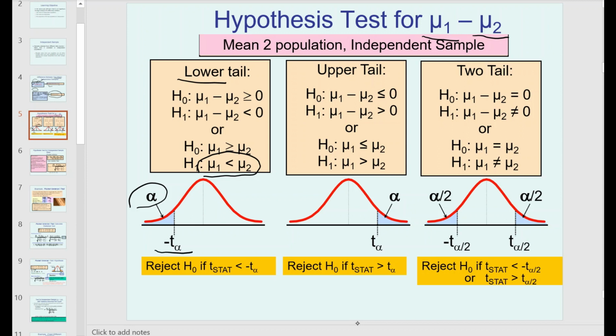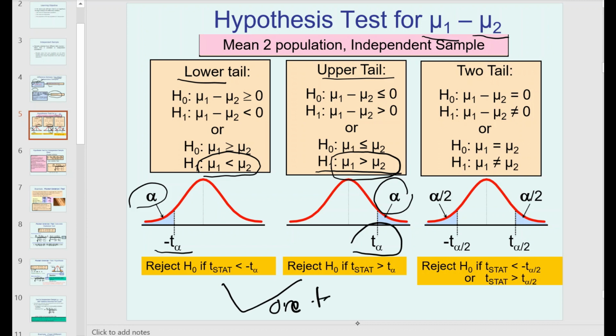When we talk about upper tail, again it falls under the one tail category, so your H alternative symbol will be more than. Of course it should be on your positive side, and your alpha, you do not need to divide by 2 because both are one tail. Your assumption for making your decision rule is still the same for this t statistic.